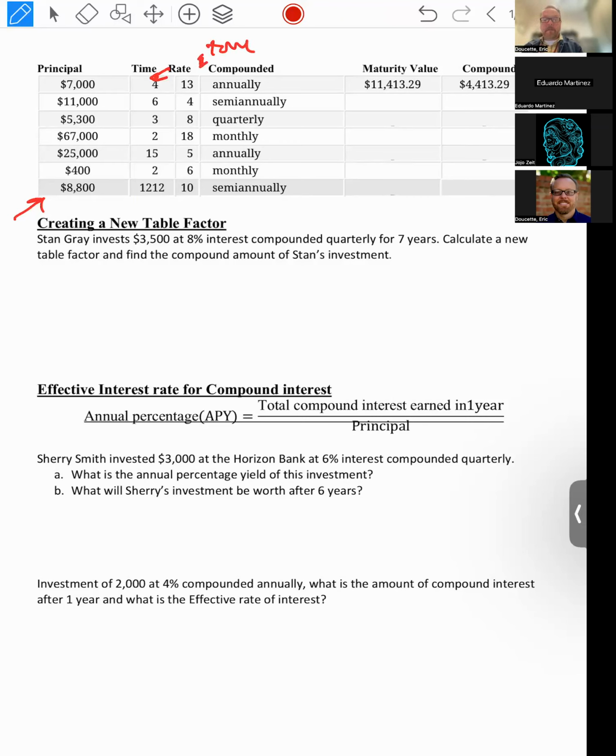Anyway, all right. Let's see. What did I do? Oh no, I'm sorry. I had it right. My bad. I'm looking at a different chart. All right. So these are in terms of years, except for the last one, it's 12 months. And this is your rate, 13%, 4%, 8%, 18.